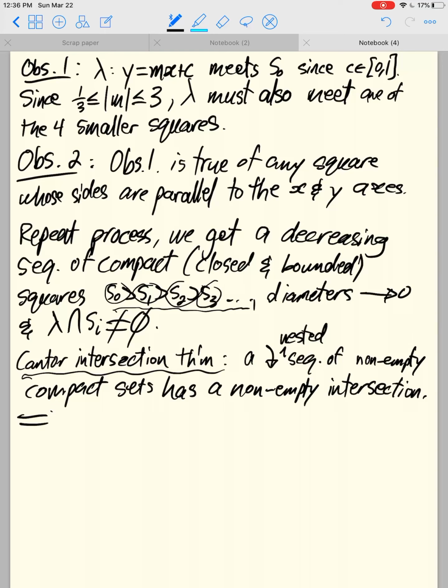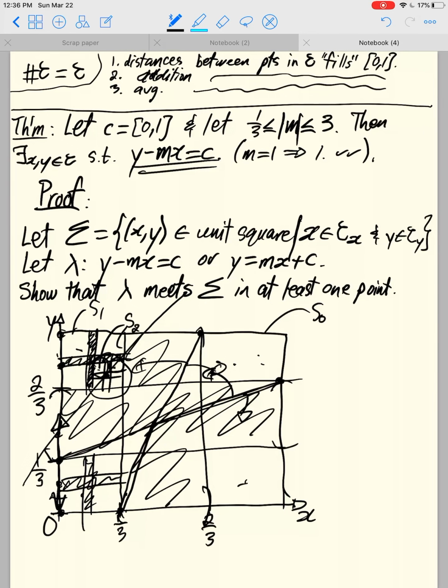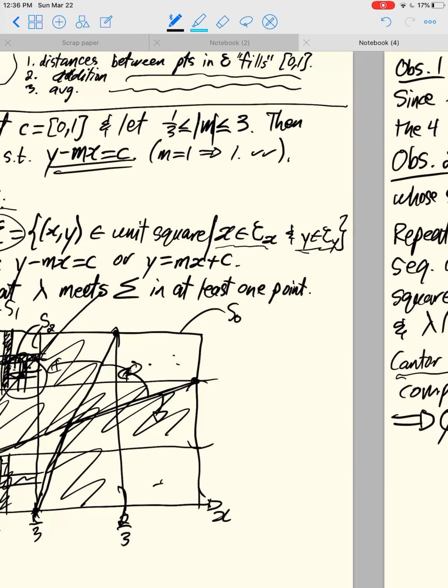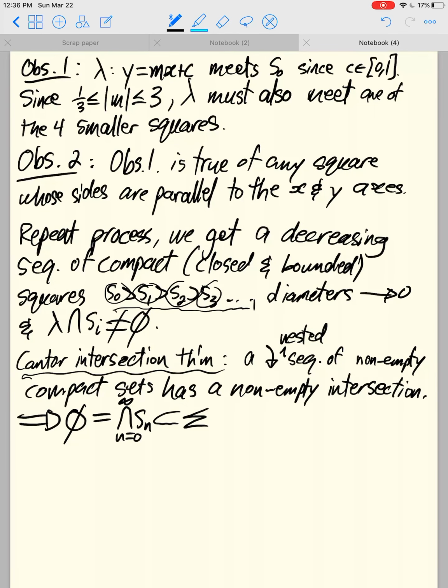And so this leaves us with the fact that the intersection of all of these squares, n equals 0 to infinity, is non-empty. And we know that this belongs to our set sigma as defined, which is all the points in the unit square such that the x's and y's are in the Cantor set.